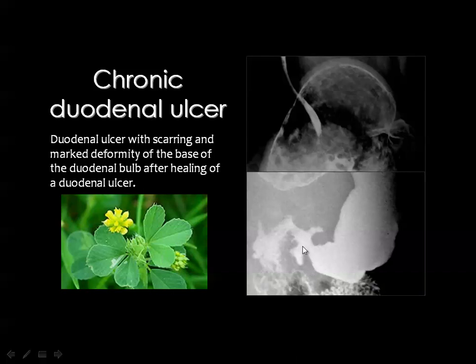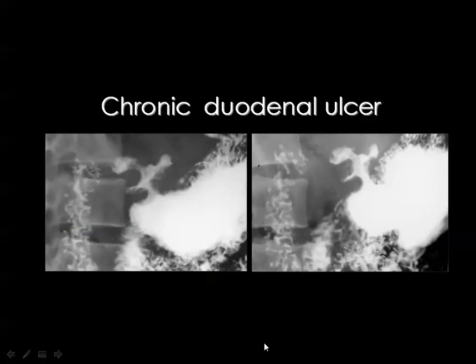And here you can see the trifoil deformity, indicative of the presence of chronic ulceration, cicatrization, and fibrosis. And this is also another example of the trifoil deformity of the duodenal cap by barium meal, indicative of chronic duodenal ulceration.